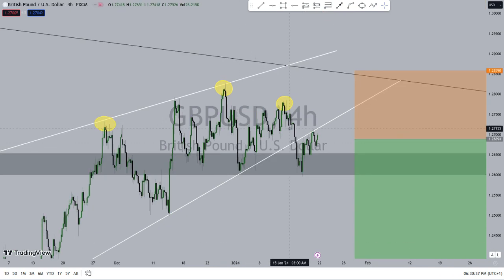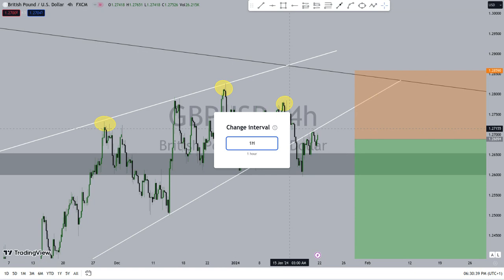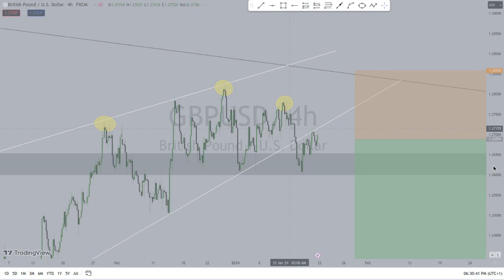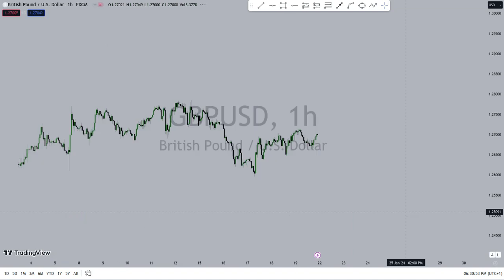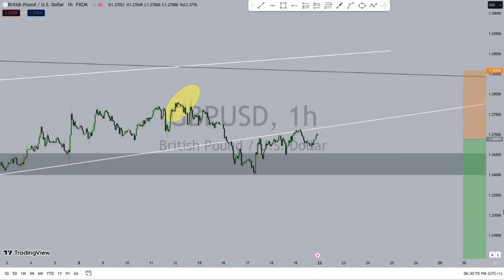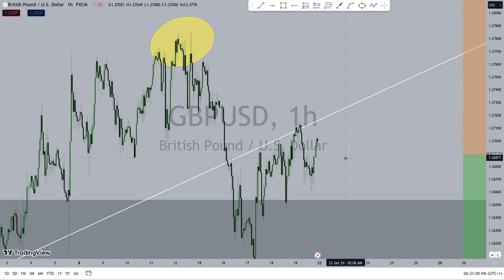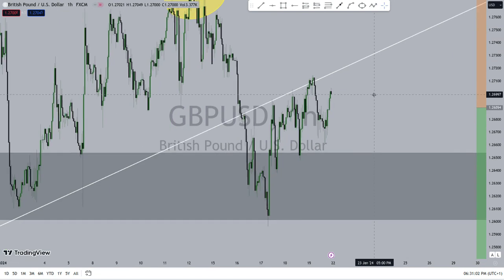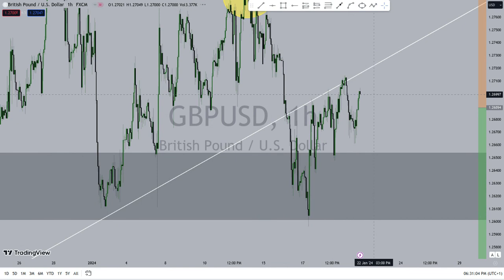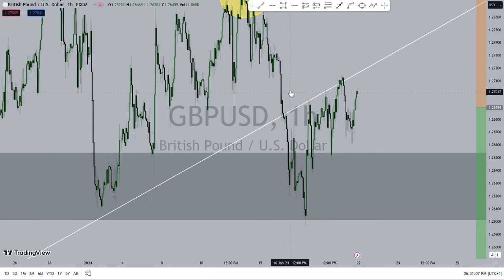Let's move over to the 1 hour time frame. Okay guys, you can see on the 1 hour time frame, price has clearly broken.